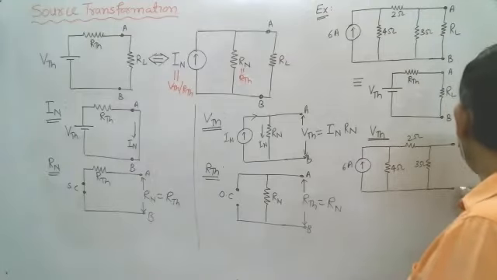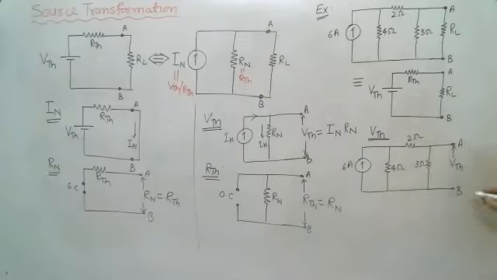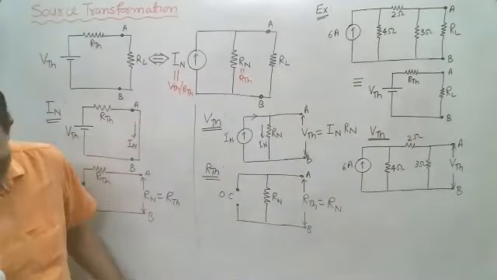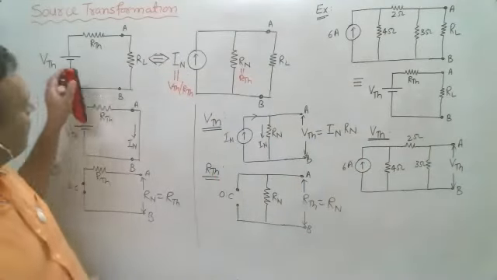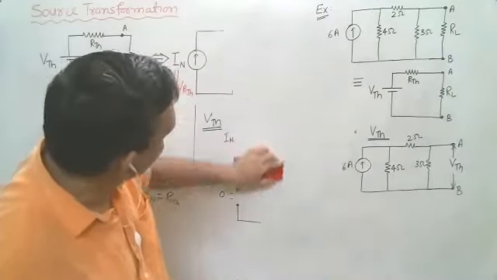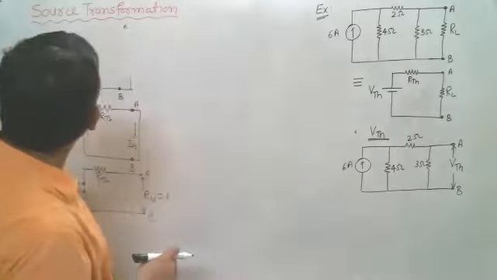This is AB. This voltage is VTH, open circuit voltage. So measure the open circuit voltage.